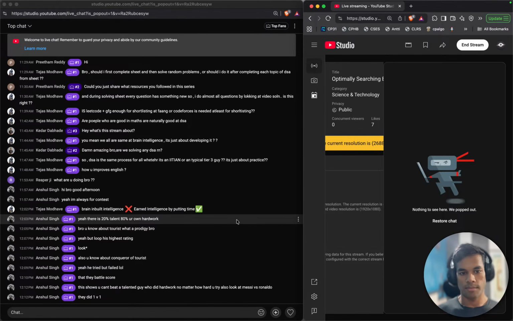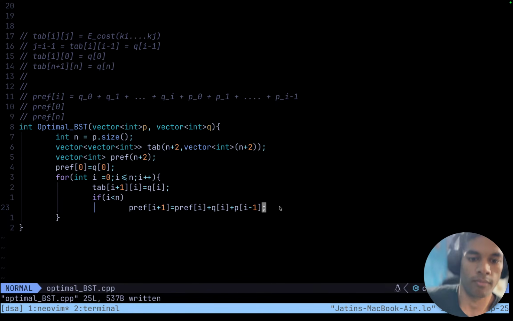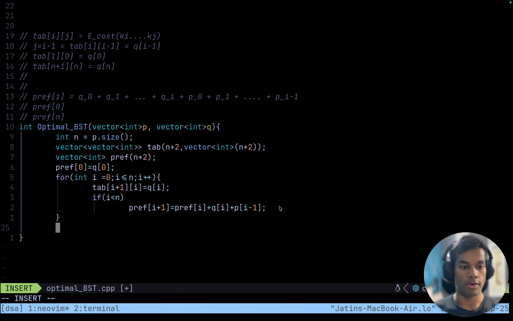Laptop is charging. That is good. Now we have our values initialized.